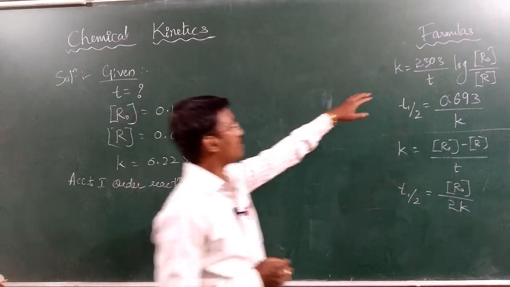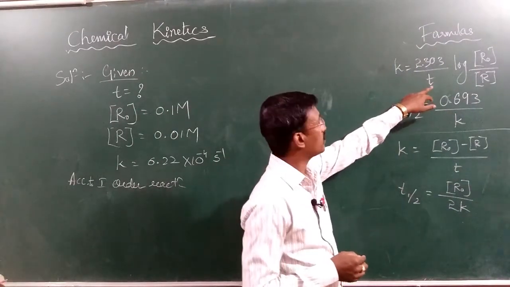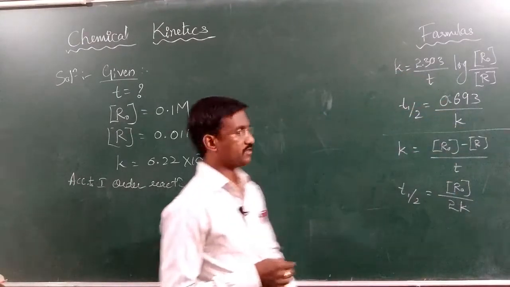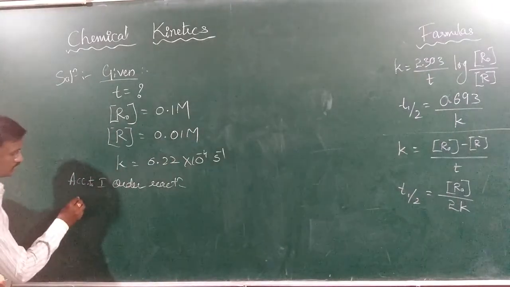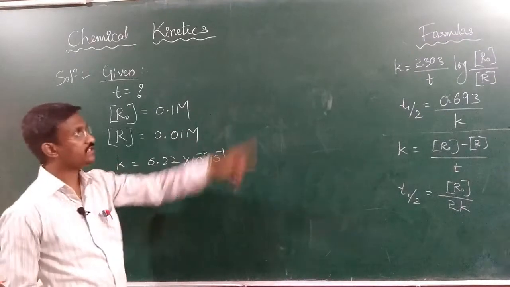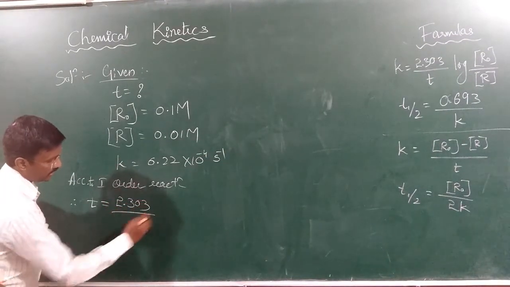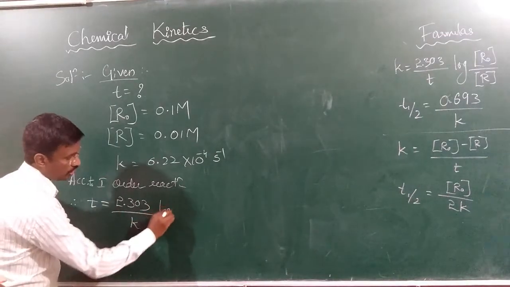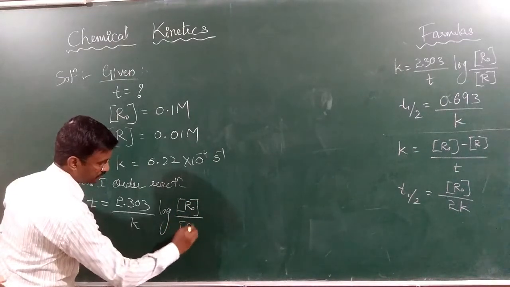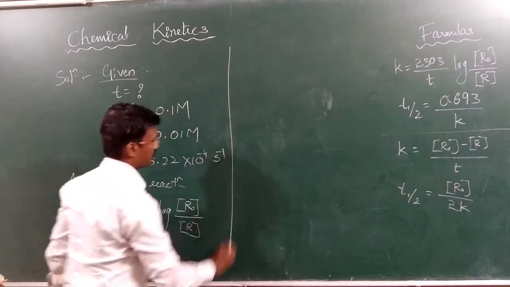Using this formula by rearranging, we shift t to the left side and bring K to the right side. Therefore t is equal to 2.303 divided by K log R naught divided by R. Is this clear?